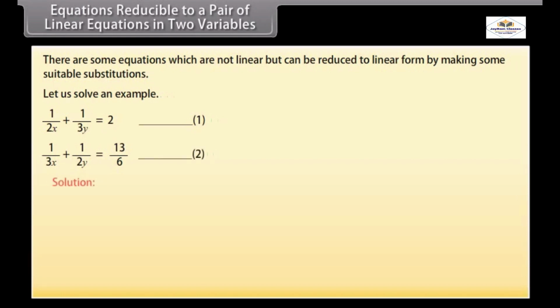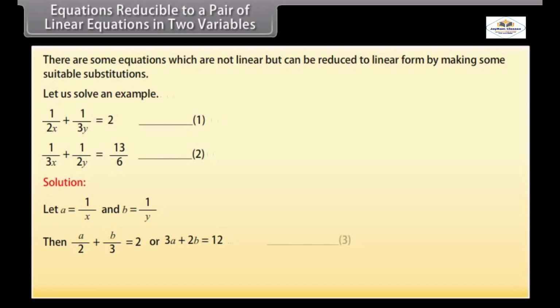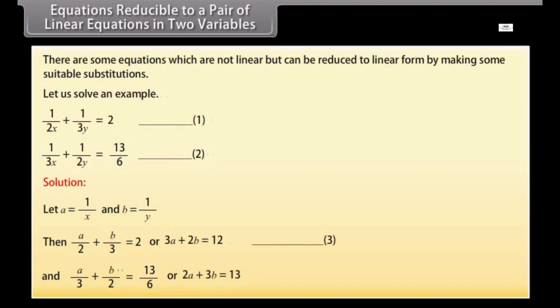Solution. Let a equal 1/x and b equal 1/y. Then a/2 + b/3 = 2, or 3a + 2b = 12, equation 3. And a/3 + b/2 = 13/6, or 2a + 3b = 13, equation 4.